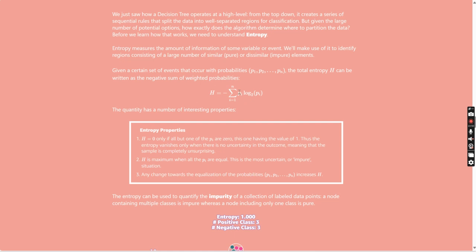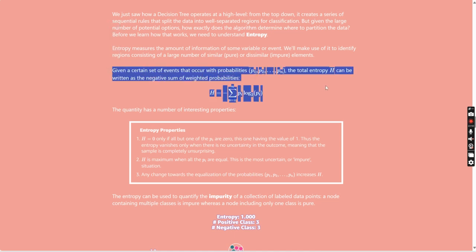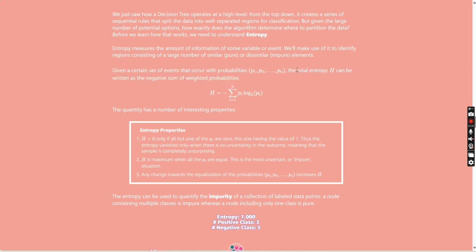So it's the sum of P1 into log of P1, the probability of each event into log of its probability. For example, if 5 data points are coming, you calculate the first data point's probability into its log, sum it all up, and finally attach a negative symbol. That's how you calculate the total entropy of the probabilities.